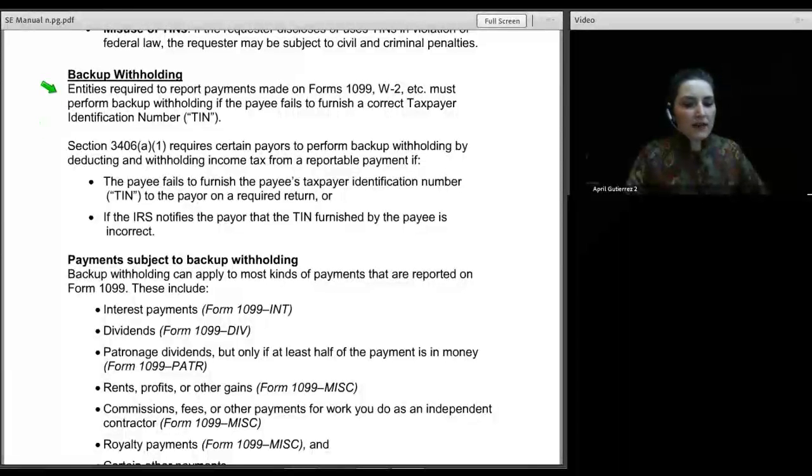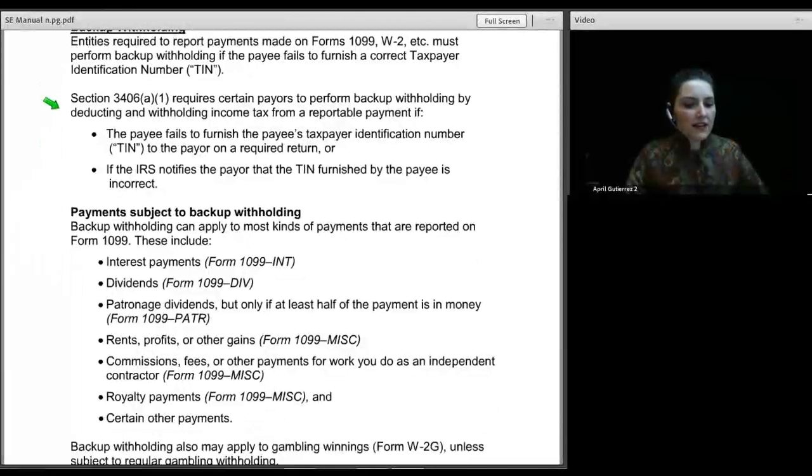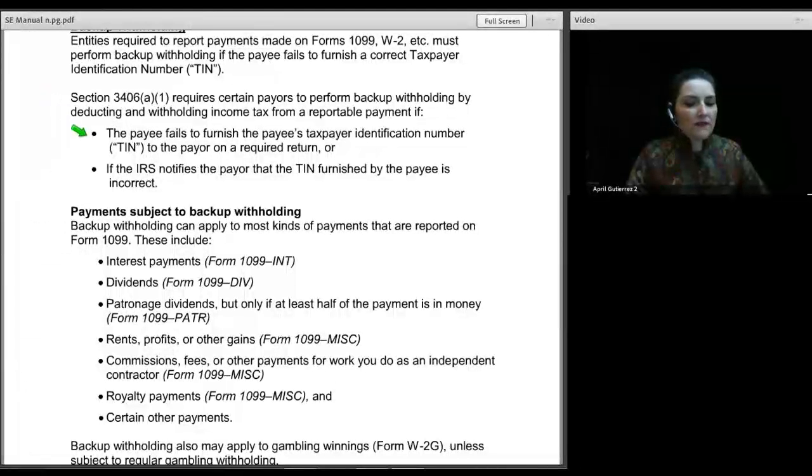And here's the provisions on backup withholding. Entities required to report payments made on Form 1099 or W-2 must perform backup withholding if the payee fails to furnish a correct TIN. Section 3406(a)(1) requires certain payers to perform backup withholding by deducting and withholding income tax from a reportable payment if the payee fails to furnish the payee's taxpayer identification number to the payer on a required return, or the IRS notifies the payer that the TIN furnished by the payee is incorrect.